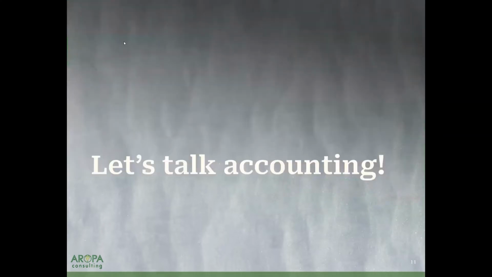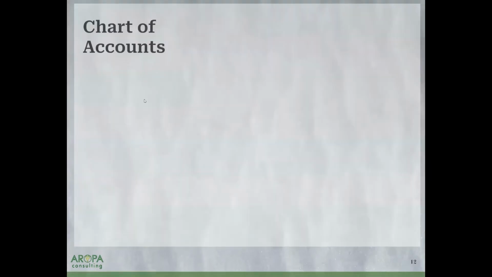So let's now dive into some accounting, which I know is a very interesting topic of conversation, but hopefully it will shed some light on any questions you might have. So the chart of accounts in general accounting terms is just your organization of all of the transactions on your financial statements into categories.